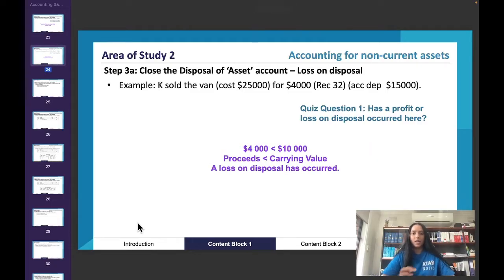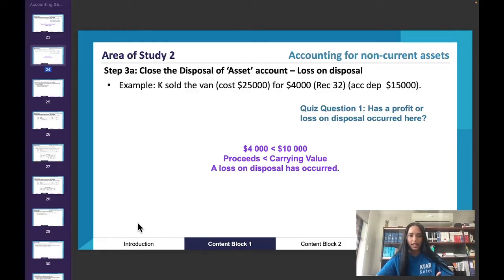So then we do the difference between the proceeds and the carrying value, and in this case $10,000 is greater than $4,000, which means that the carrying value is greater than proceeds, and so a loss on disposal has occurred in this example. So hopefully that gives you a bit of an idea about how we calculate whether a loss or a profit occurs.